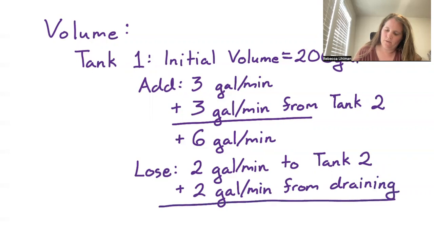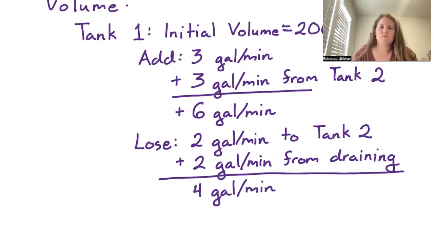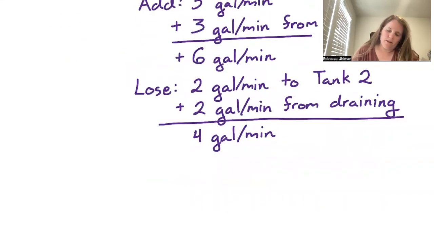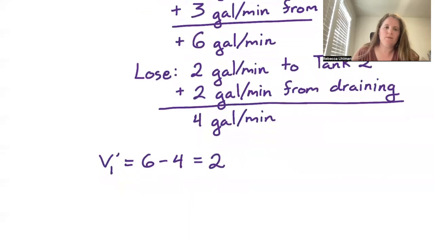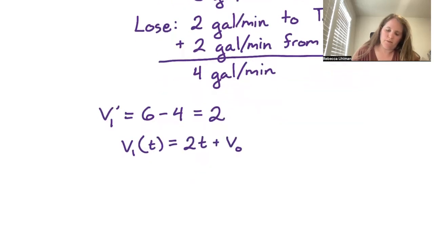So in total, we lose 4 gallons per minute. So we have V1 prime equal to 6 minus 4, otherwise known as 2. V1 of T is therefore 2T plus our initial condition. So we get V1 of T is 2T plus 200.